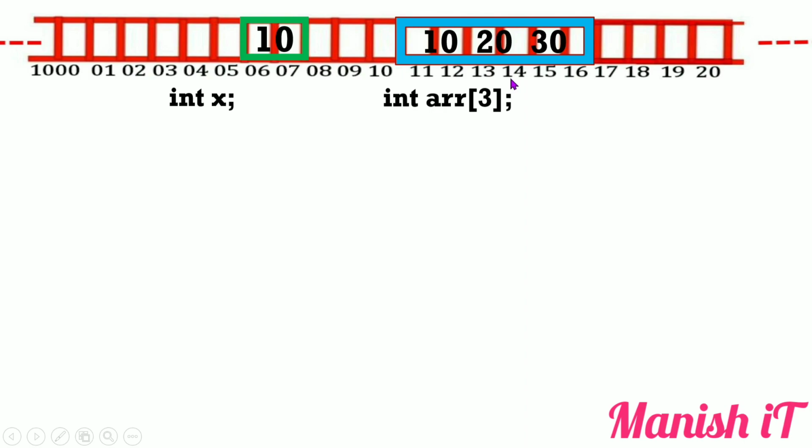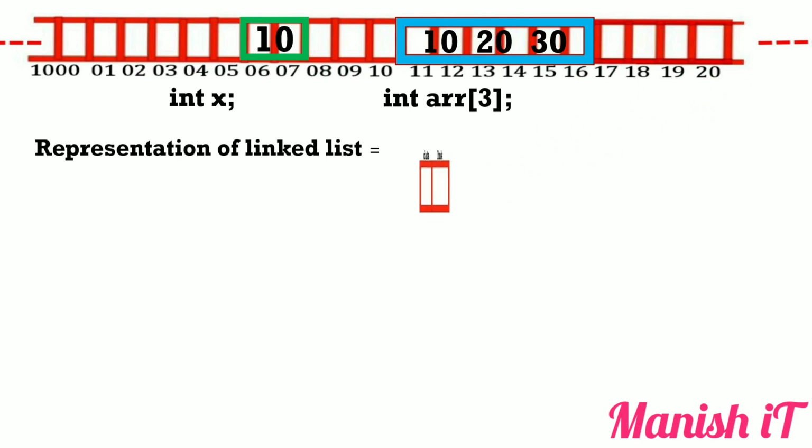So that's why I said that in an array there is a contiguous memory location, but in a linked list it may or may not be possible. First see how we represent our linked list. See this representation of a linked list. It has two parts. One part is the data part and another part is the link part. The link part stores the address of another data part.